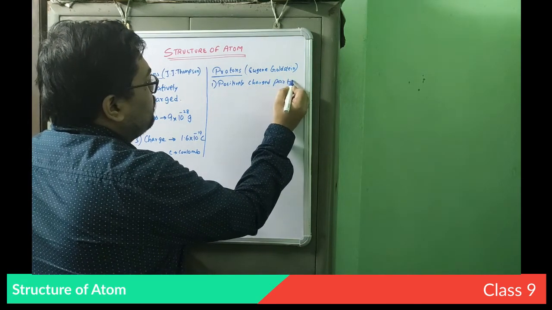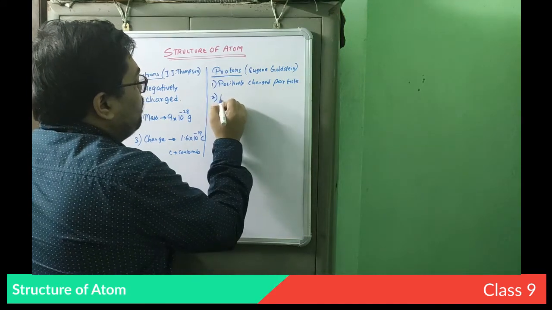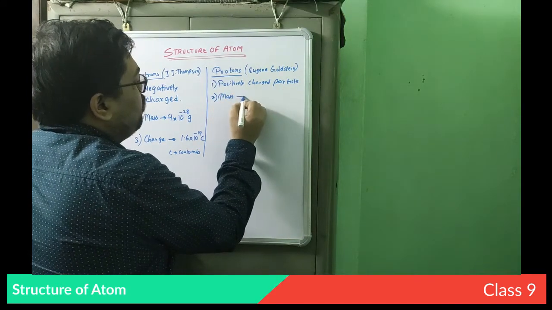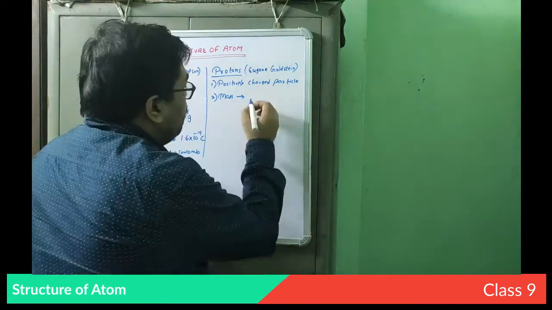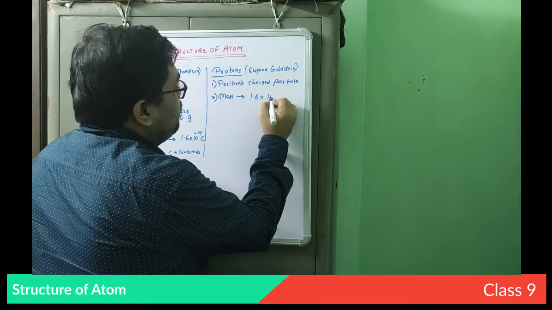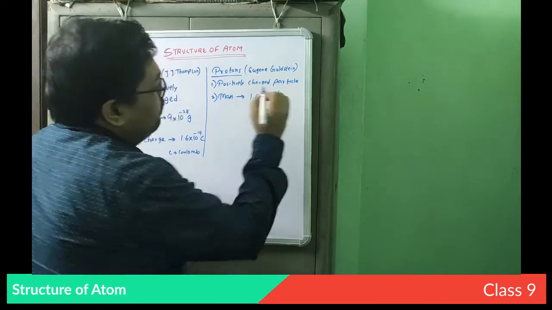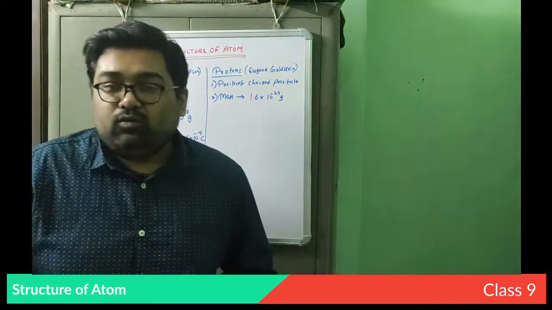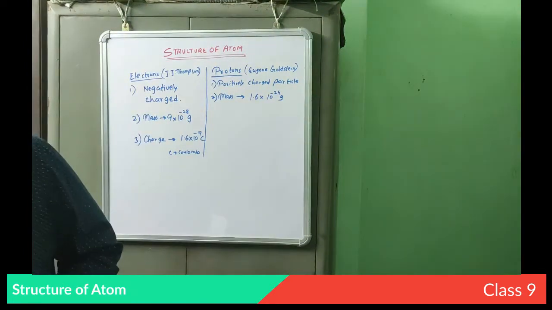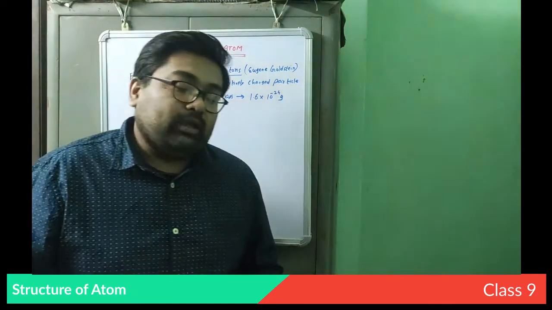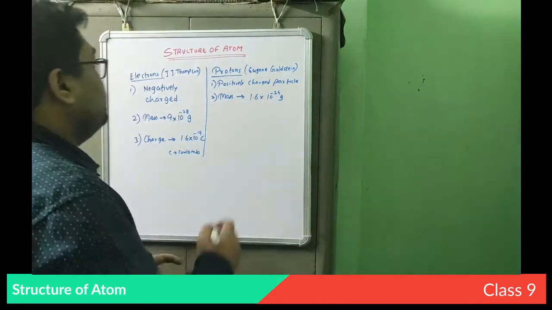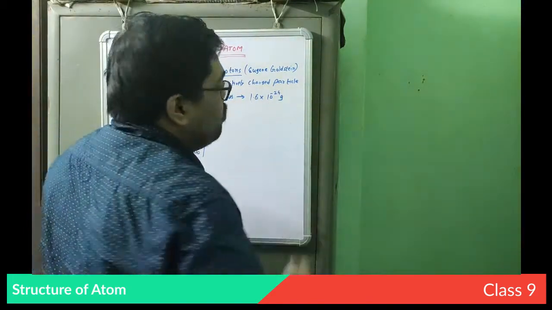If we talk about the mass of one proton, how much is it? It is 1.6 into 10 to the power minus 24 grams. Again, it is a very small quantity.